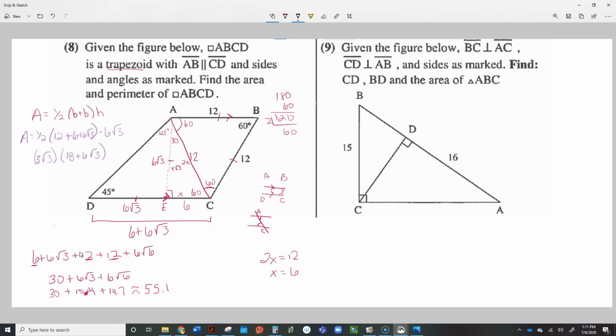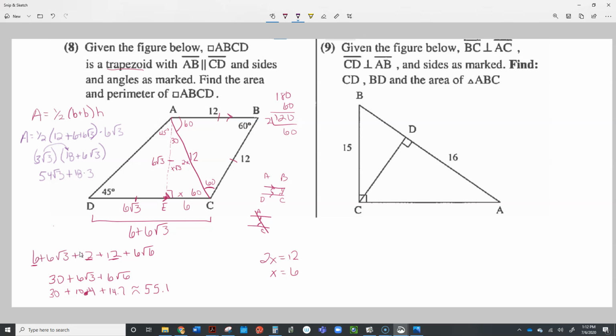Looks like I have to distribute. 18 times 3 is 54. So that's 54 square roots of 3, because this times this plus this times this is going to be 18 times 3. 3 times 6 is 18. The square root of 3 times the square root of 3 is 3.